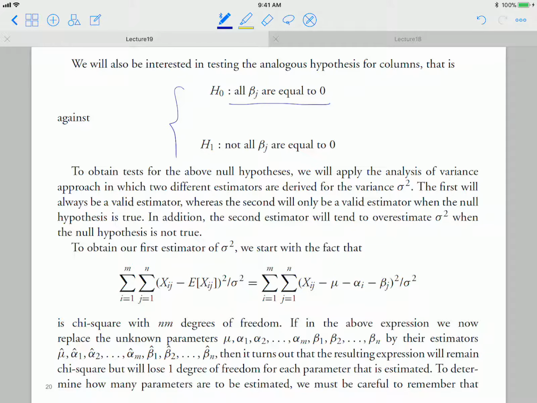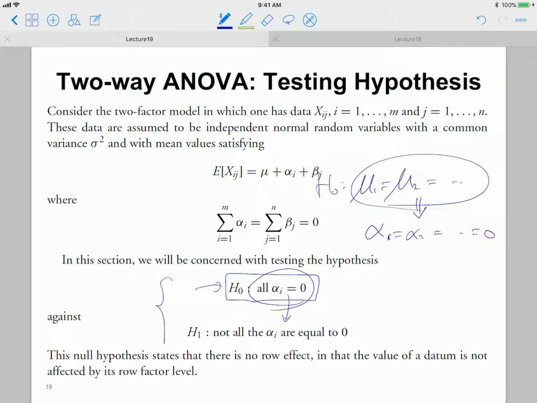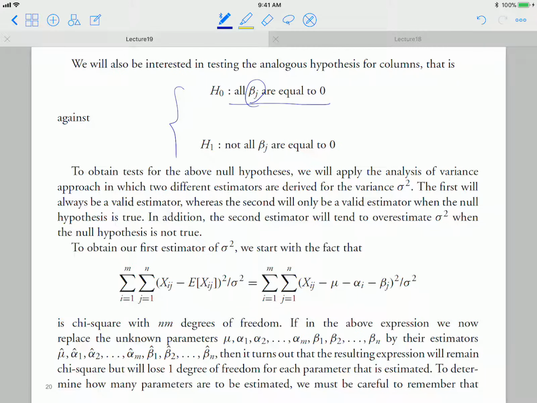So the question is, are the students' capabilities different from each other, or are they all the same? So we do not care about alpha i's, but only care about beta j's in the second setting. If we know how to perform the first case, then the second one will be trivial, because we will use the exact same strategy of hypothesis testing.